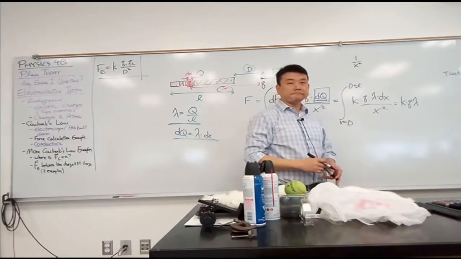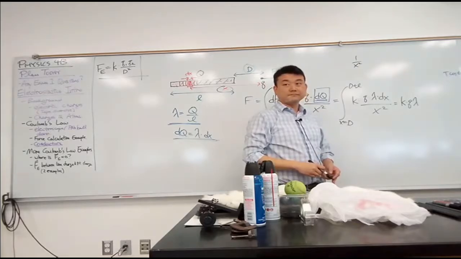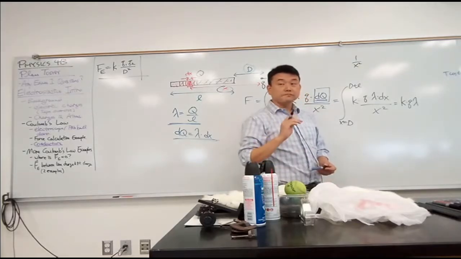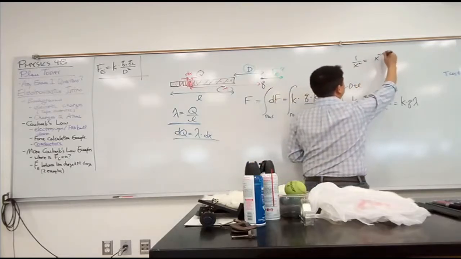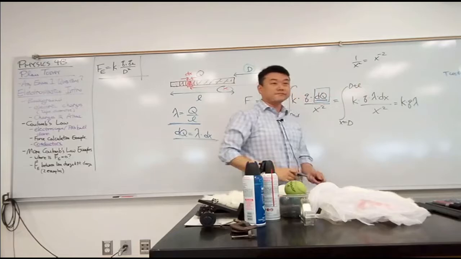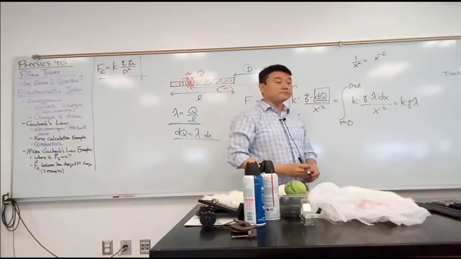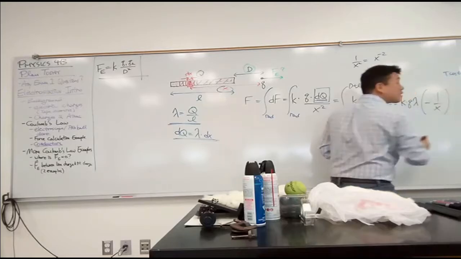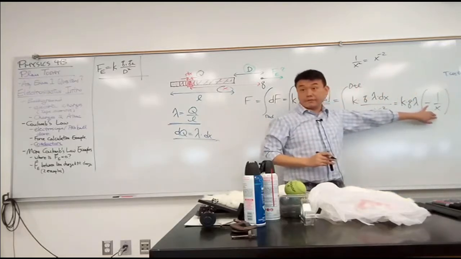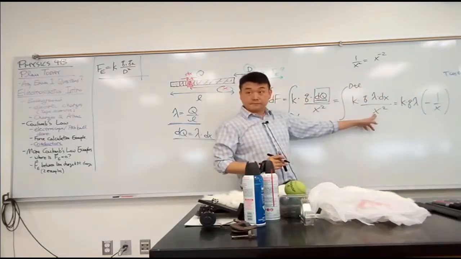Nope, you skipped one. Let me rewrite it in a format that might be easier: x to the power of minus 2. Yeah, minus 1 over x. If you're not sure, take the derivative of it. You should get this back.